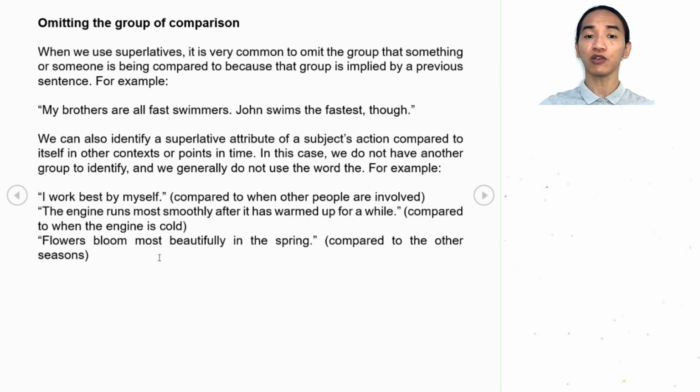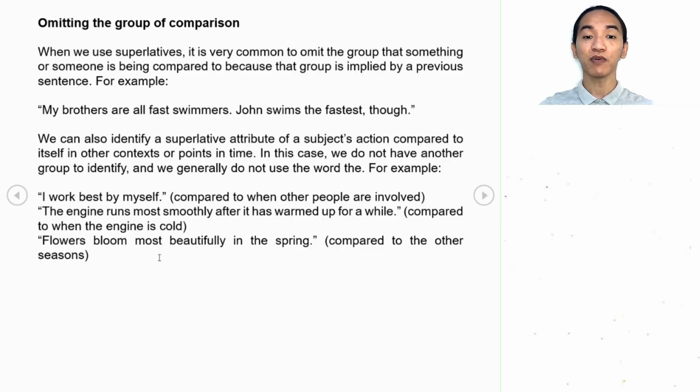Okay, next one. Omitting the group of comparison. When we use superlatives, it is very common to omit or remove the group that something or someone is being compared to because that group is implied by a previous sentence. So it only means that you don't have to mention the group of comparison when it was already mentioned or implied from a previous sentence.